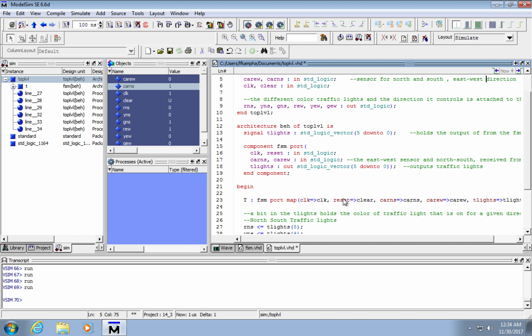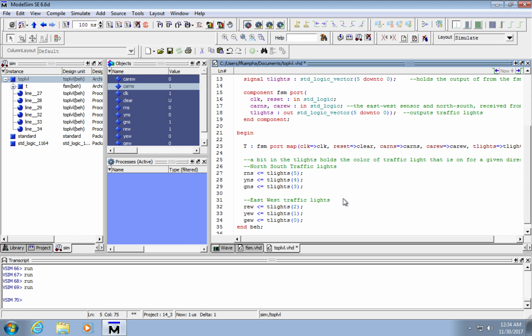So in our top level, the reason why I created a vector for my T lights is so that it would be easier to not create so many outputs. Since I know which bits in the vector represent the lights, I only care at a certain placement of the bits in the vector where it's high.